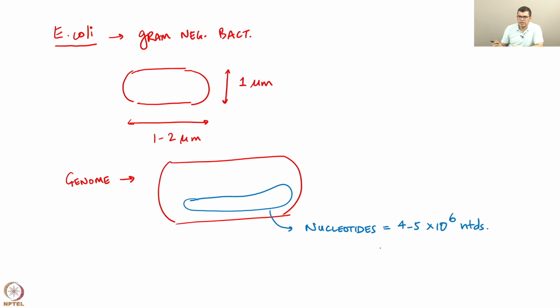Depending on different strains of E. coli that we are working with, the number could be variable, but that is the order of magnitude of the genome size of E. coli. Again, as compared to us, human beings, our genome size is 3 into 10 power 9.